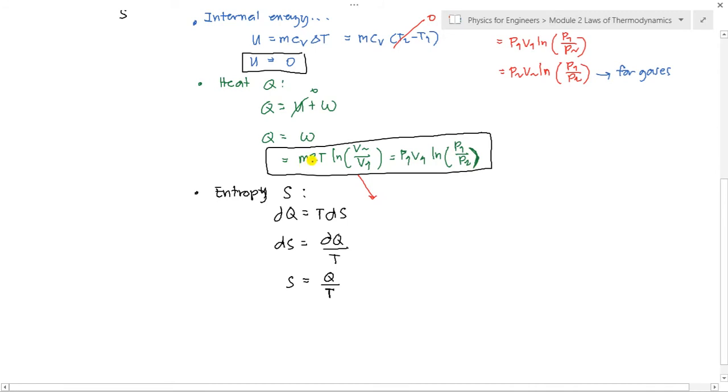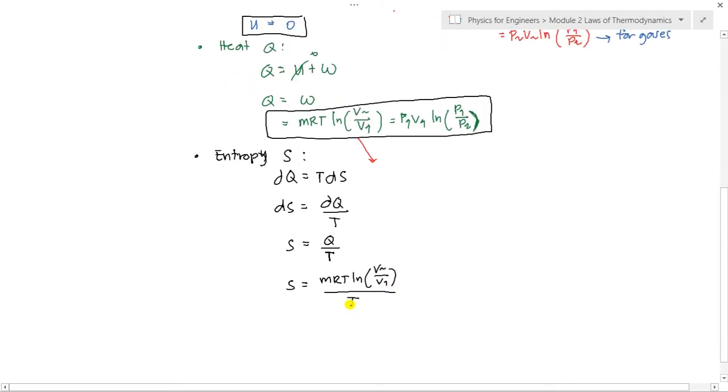So the mass, the R, the temperature, the V2 and the V1. So that's why S is equal to Q over T. And then S is equal to Q, which is mRT ln V2 over V1, divided by the temperature.